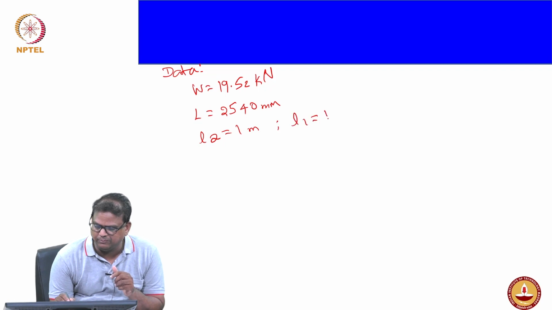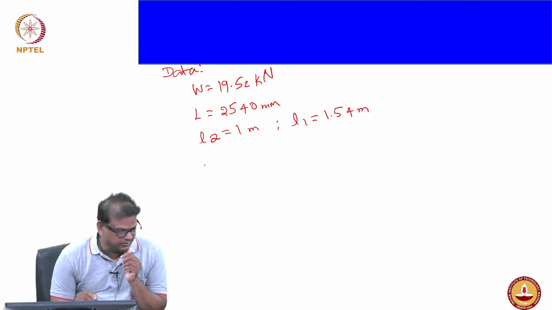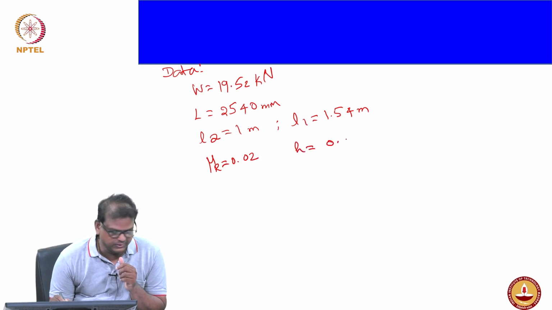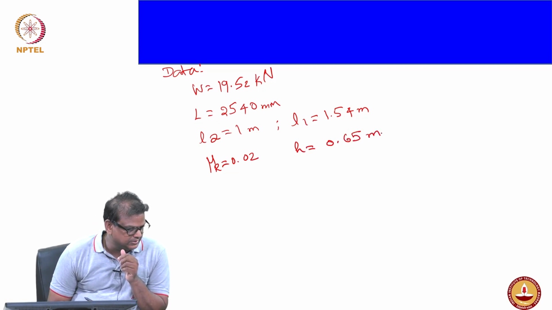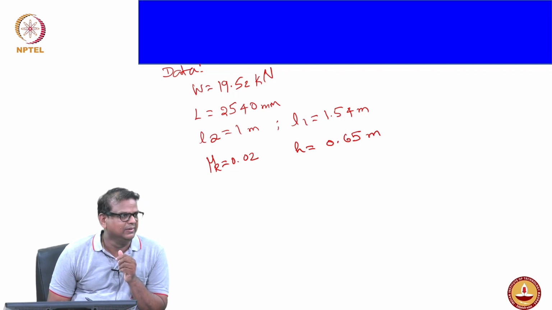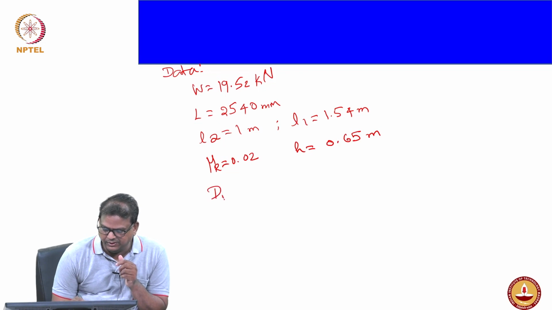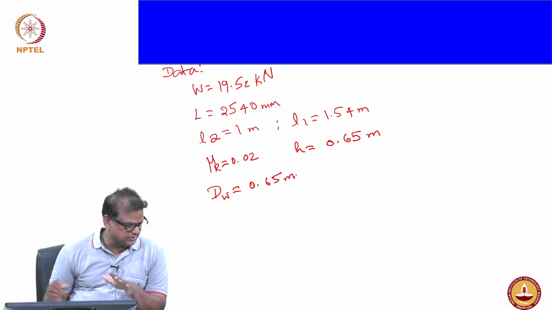Obviously, L1 will be 1.54 meter. Then mu r equals 0.02 and H is given as 0.65 meter. And what else is missing? The diameter of the tire is given, right? Diameter of the wheel is given as 0.65 meter.